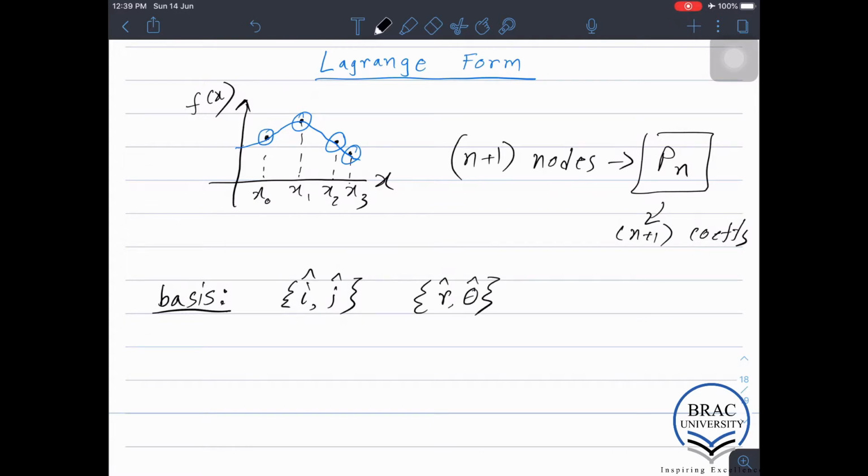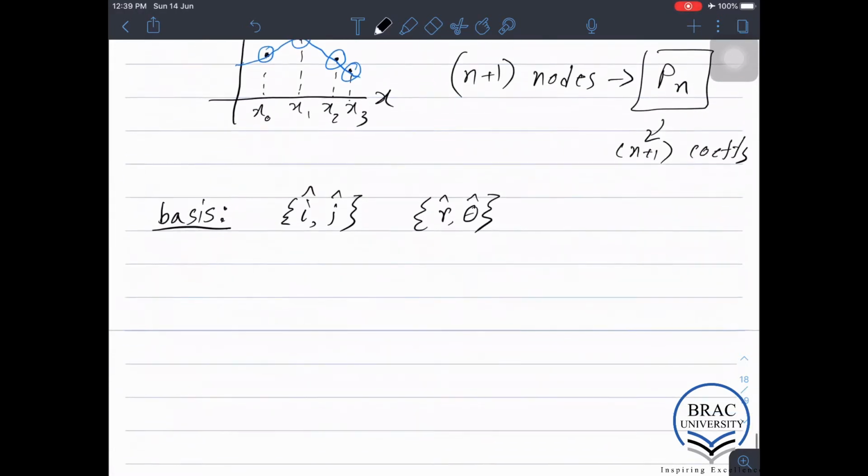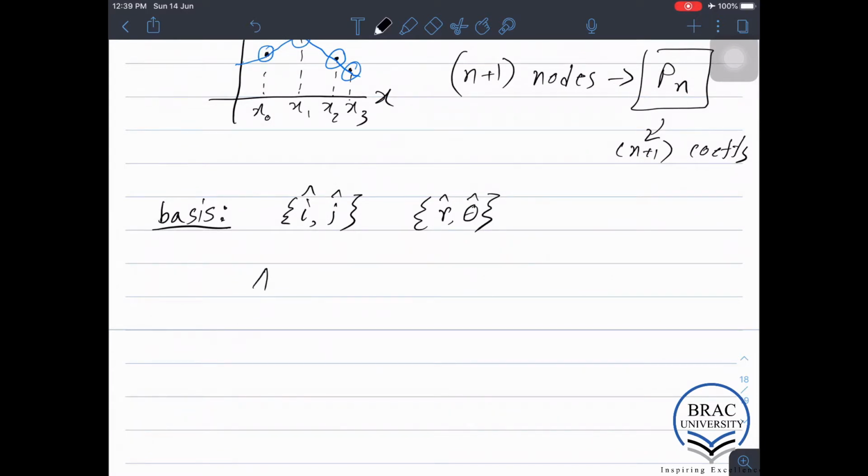So the basis is not unique, and from the number of elements of the basis we can see that this is a two-dimensional space. Any vector A can be written as ax i plus ay j, and similarly as ar r plus a theta theta.